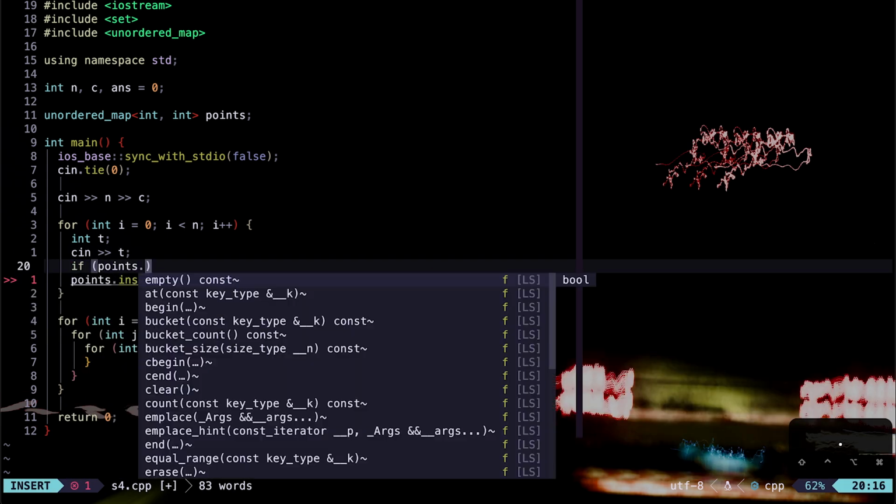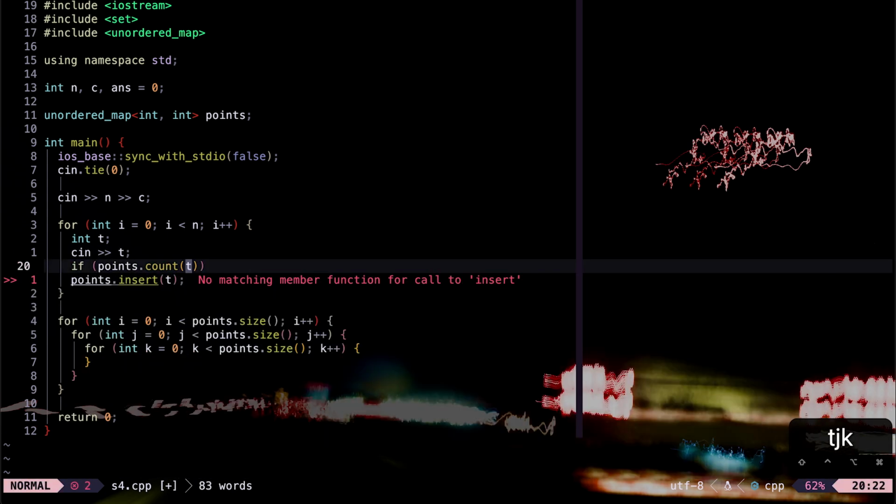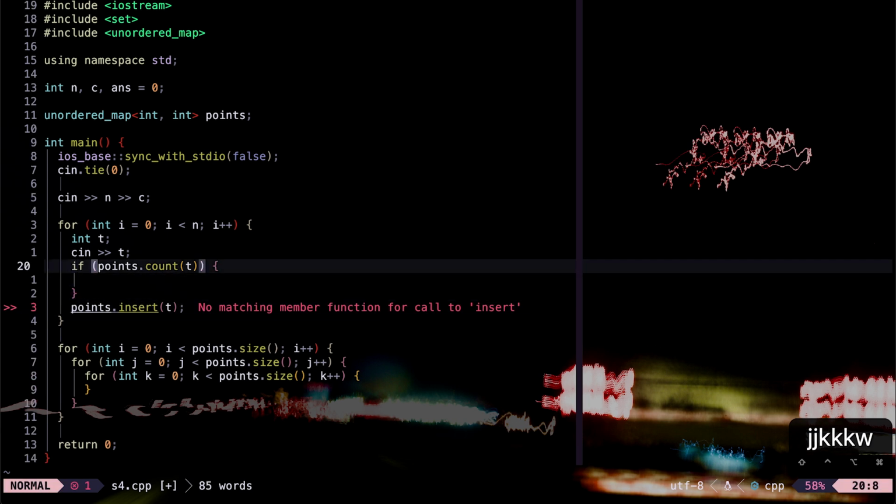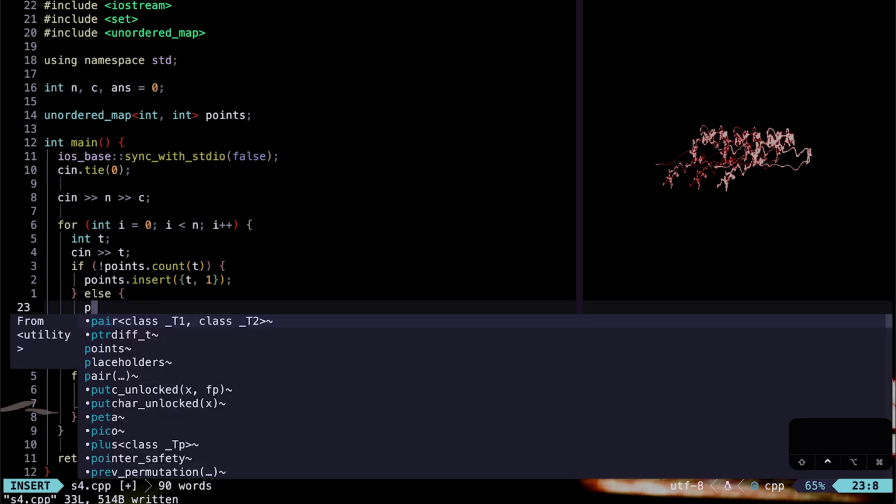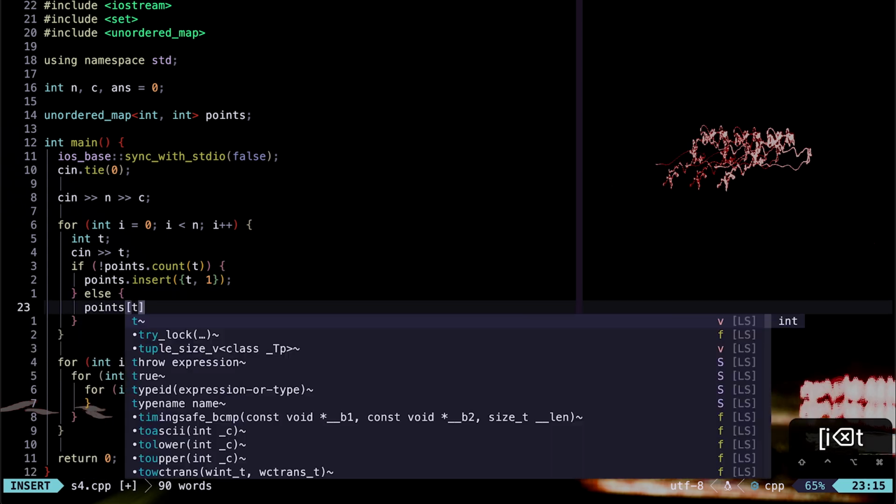We can assume if points dot counts t doesn't exist, then set t to 1, else points t and then we just increase.